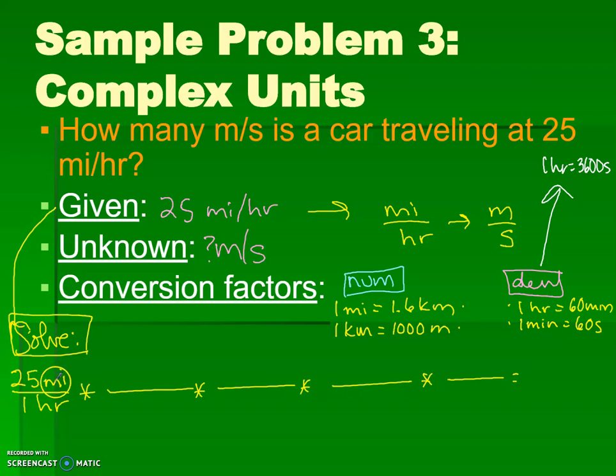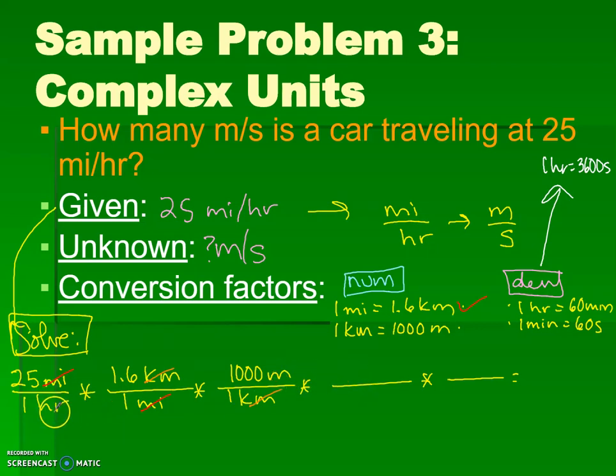I'm going to put miles as my numerator, so that means I need to put 1 mile on the bottom, 1.6 kilometers on top. Cancel out my miles. Then I'm going to convert my kilometers. 1 kilometer is 1,000 meters. And I'm going to cancel out kilometers here, leaving my lovely meters off the top.